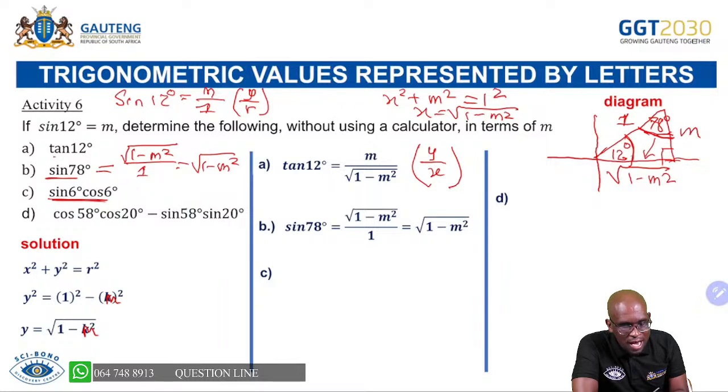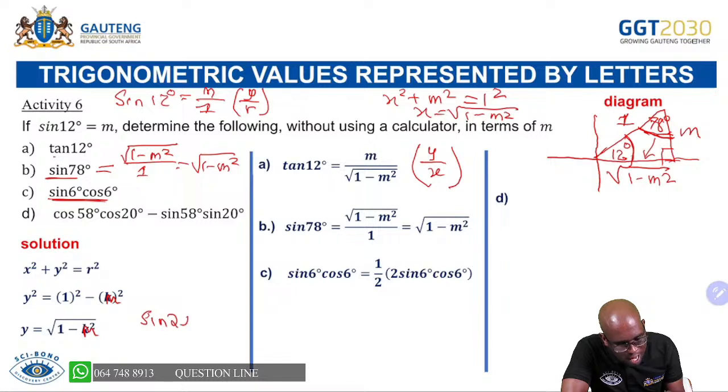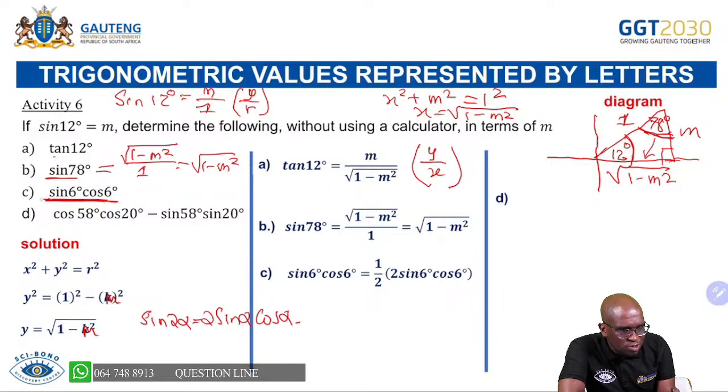I go to sine 78. I've already taken you through that. 78, its opposite, which is the square root of 1 minus m squared, over a hypotenuse, which is 1, and then you get the square root of 1 minus m squared. And then the third one, which is the sine of 6. Now, if you look at the formula sheet, we have that the sine of 2 alpha is 2 sine alpha cos alpha. If you check this one, it does not have that 2 there that you need.